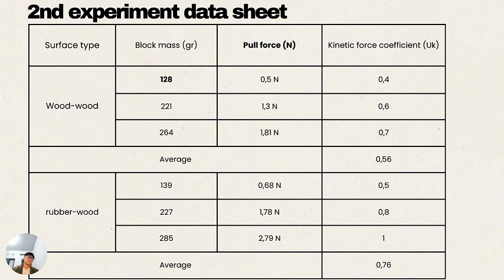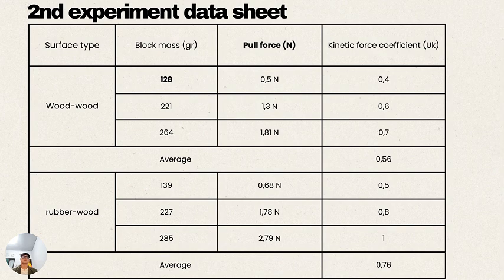Now, the second experiment data. The surface types are the same, wood to wood and rubber to wood. The first is wood to wood. Block mass: the first is 128 grams, the second is 221 grams, the third is 261 grams, with pull forces of 0.5 newtons, 1.3 newtons, and 1.81 newtons.